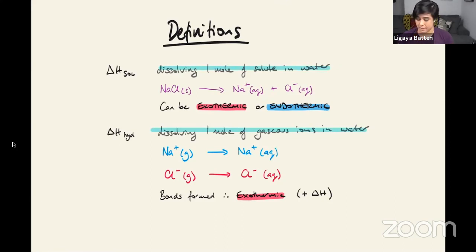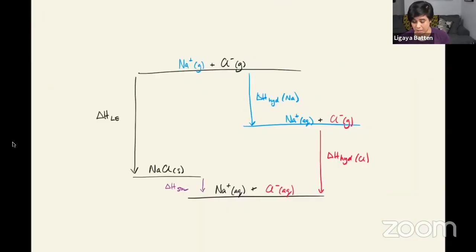And that makes a Born-Haber cycle that looks more like this. I think of it as the same arrows we had before, with our gaseous ions here and our solid ionic compound there. But now we're doing this on the other side. We're taking the gaseous ions to aqueous ions here, the gaseous ions of the chlorine to aqueous ions there.